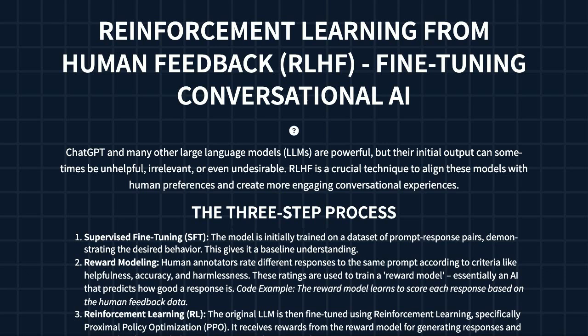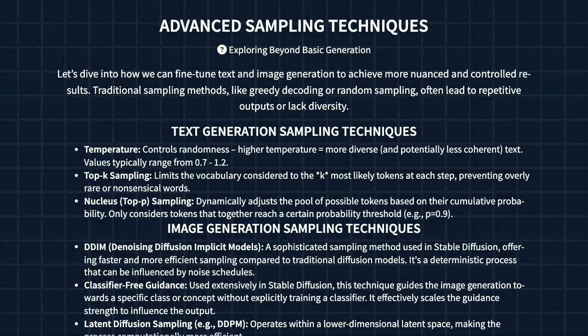This data is then used to train an AI that can predict how good a response will be. Finally, we use reinforcement learning, specifically PPO, to fine-tune the original model, using the reward model as its guide. It's like teaching the model what good looks like through direct human feedback, leading to much more helpful and aligned conversations.